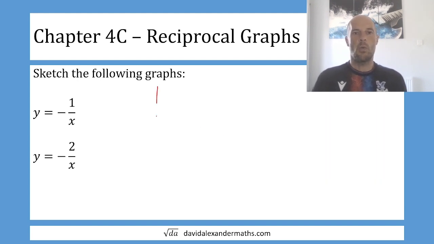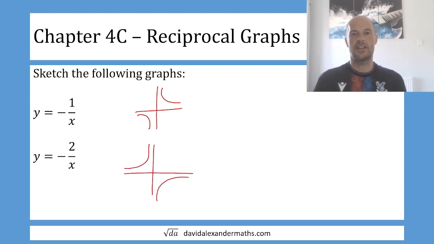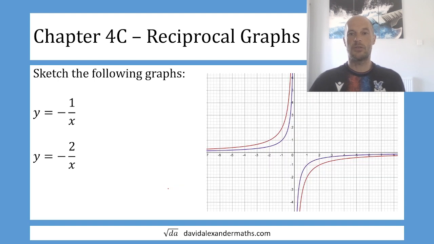So if 1 over x looks like this, then minus 1 over x is the opposite, like so. This is minus 1 over x. This could also be minus 2 over x, but if I were to draw the two of them together, they would be, again, some fairly shocking drawings, but we can see that minus 1 over x is closer to the origin than minus 2 over x.